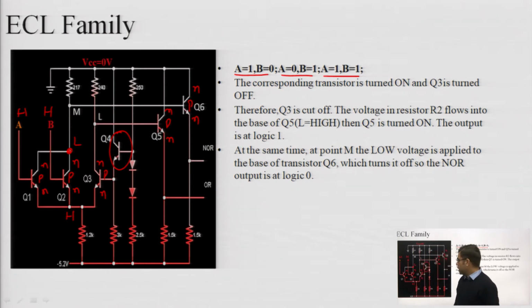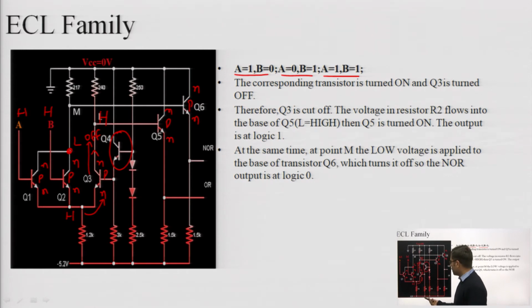Okay. Then this high value is connected to the N type emitter, that means this Q3 transistor must be off. Okay. If Q3 is off, then this collector potential must be high, because it is not conducting.